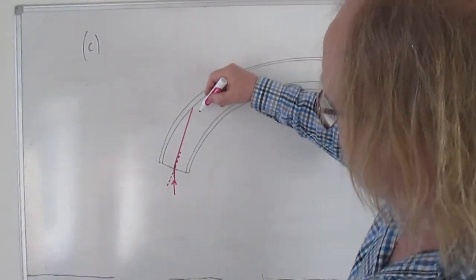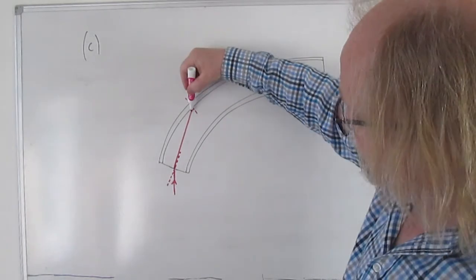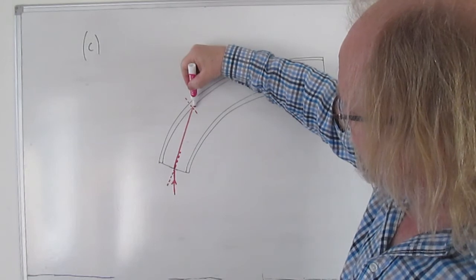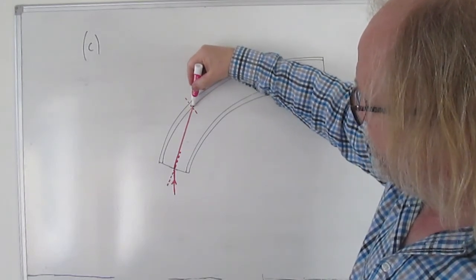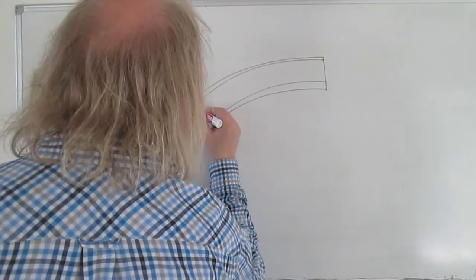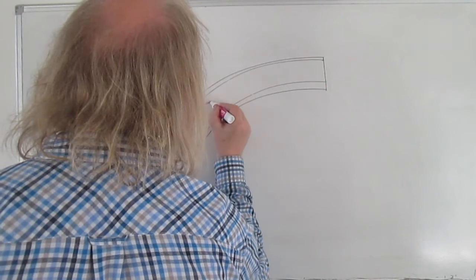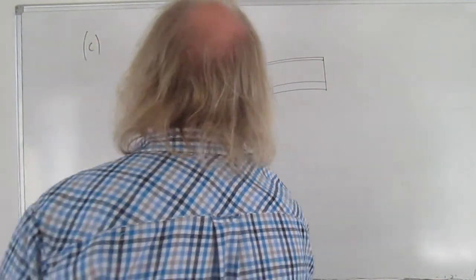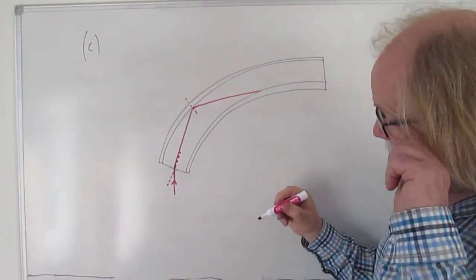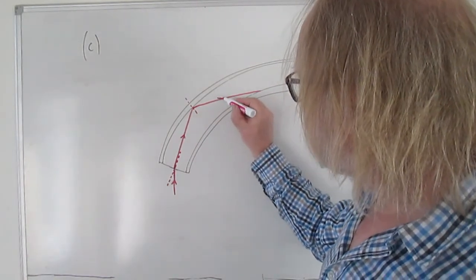So total internal reflection means that the angle of incidence equals the angle of reflection. So you just need to draw something that makes it look as if that's essentially true, which is going to look something like that. Okay, so that's the pathway with total internal reflection there.